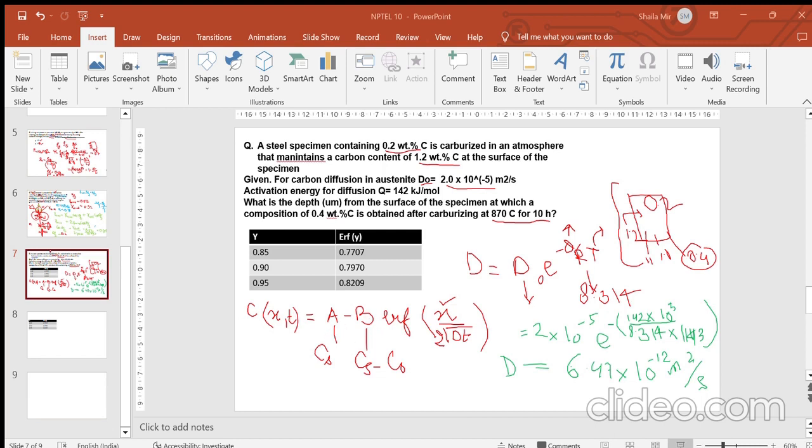So you can calculate based on this the value of your z, right?